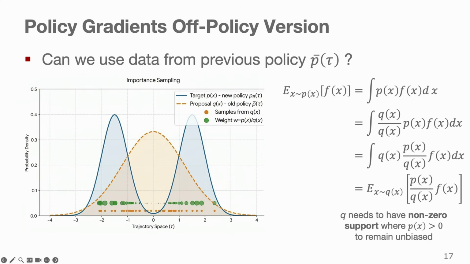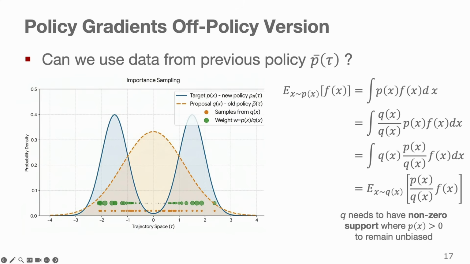And now by rearranging the terms, you can put it into a more useful form, an expectation over samples from q. This means that now we can simply weigh our function f of x by the ratio of p of x divided by q of x.